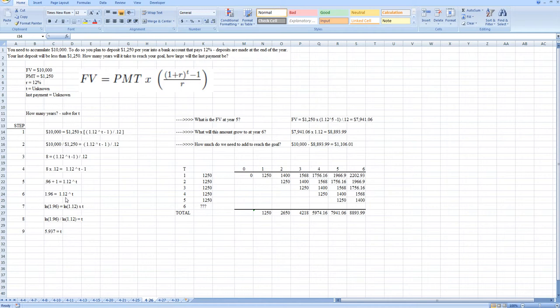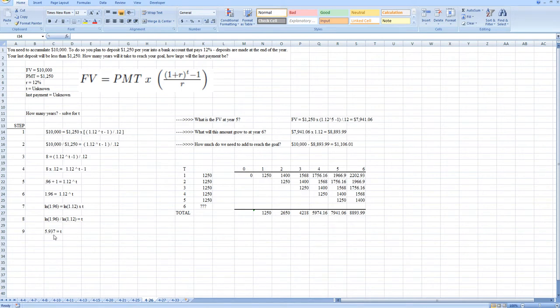You can identify that you have to take the natural log of both sides to pull the exponent down, and then we'll move the natural log of 1.12 over to the right hand side. So we have the natural log of 1.96 divided by the natural log of 1.12 is equal to T, and we find that T is equal to 5.937 years.